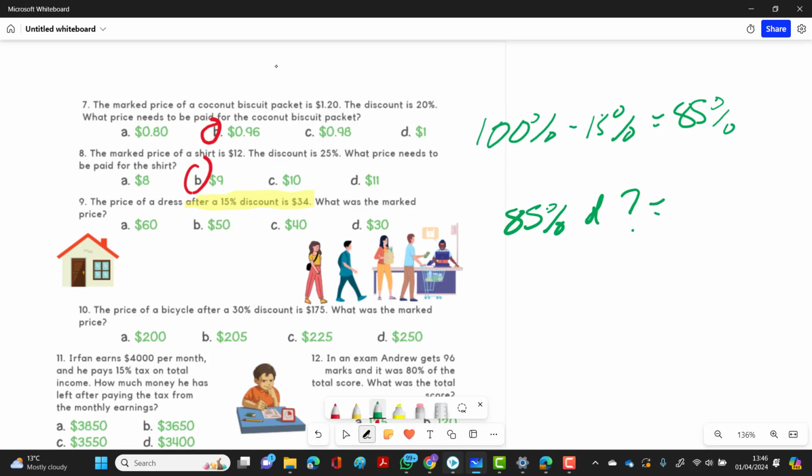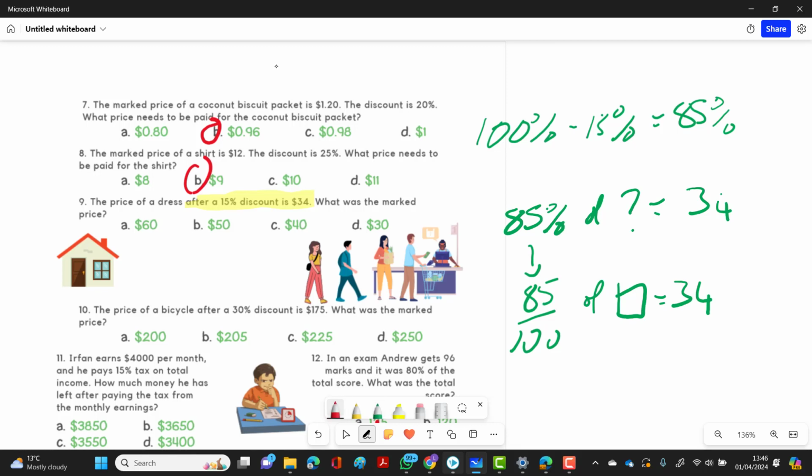You don't know how much that something is. The original price is 34. So you do 85 over 100 of 34.